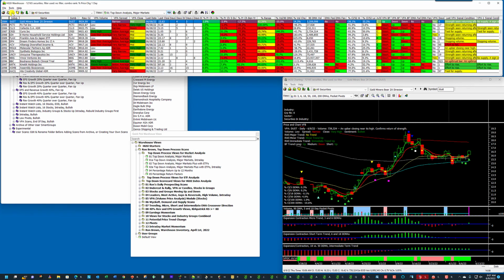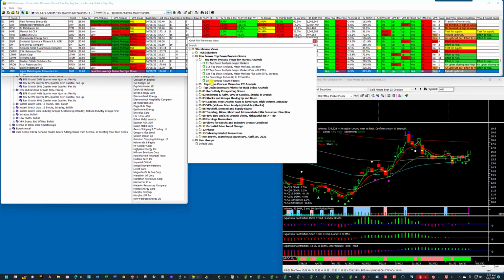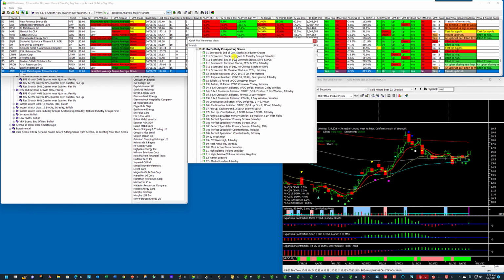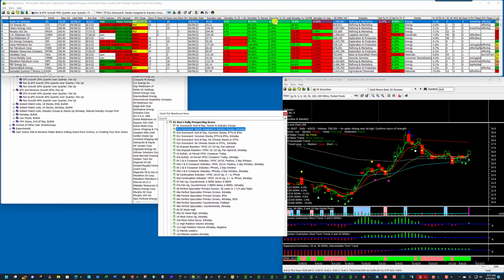Now I'm going to click through to my view, and I'll show you where I'm going. I'm going down to my daily prospecting scans. Since the market is open, I'm going to go to 1A, and these are current quotes because Thinkorswim is running in the background.